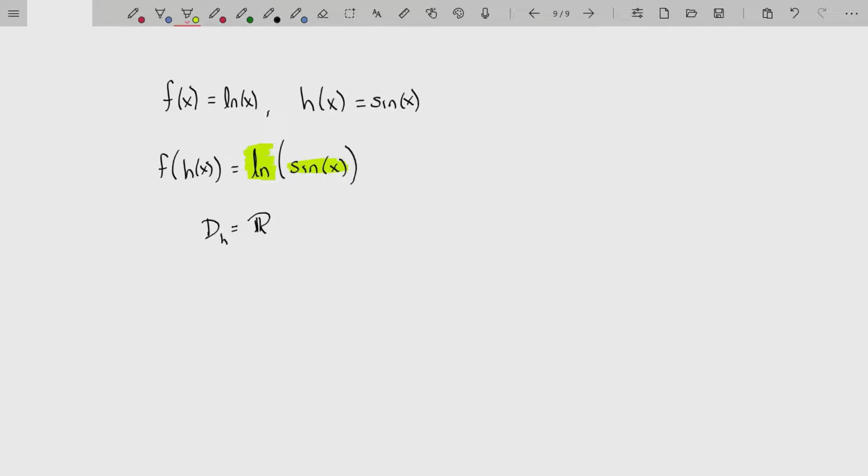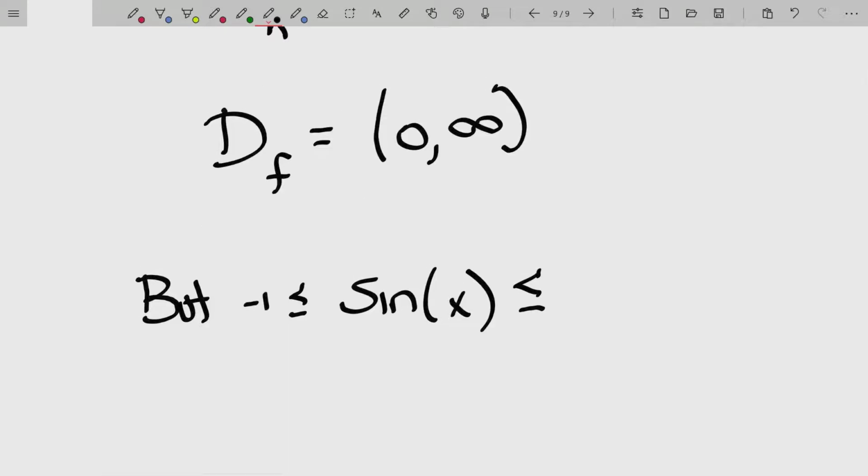Well, again, we've written it already, but the domain of f is all positive real numbers. And that's a problem because the sine, which is what we're plugging into it, bounces between -1, which that is not a -1, and 1.